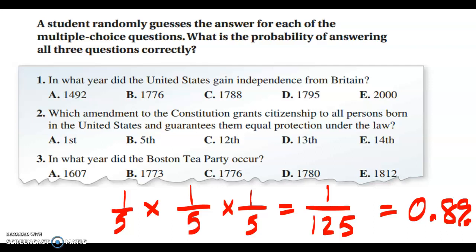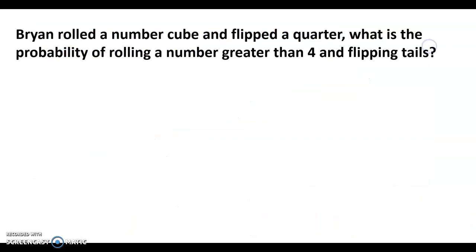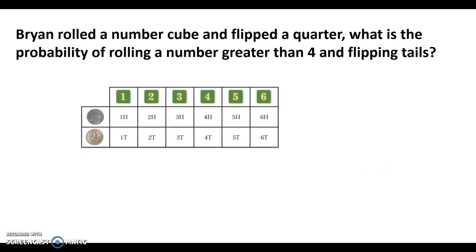All right, let's turn the page. Brian rolled a number cube and flipped a quarter. What is the probability of rolling a number greater than 4 and flipping tails? So if we're thinking of a number cube, which numbers are greater than 4? So we have this right here.